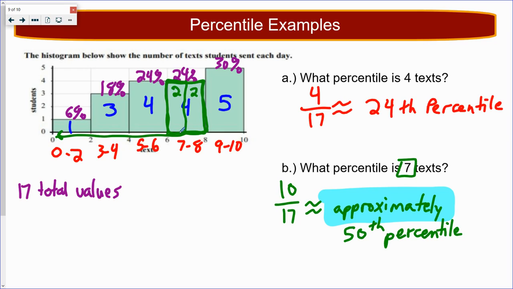It would change the results very much if all 4 of the values in that space right there were 7s, or if they were 8s. It would change your answer a lot. So you have to say approximately. That's being a good statistician.